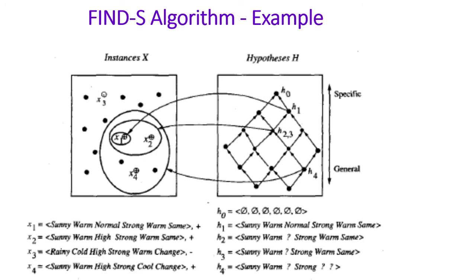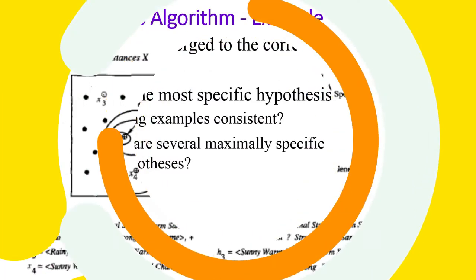Both values are not same. Hence, question mark is written. Question mark will indicate any value is acceptable. In this way, the algorithm will continue and all the hypotheses are written. In the iteration, the hypothesis will move from most specific to most general hypothesis.